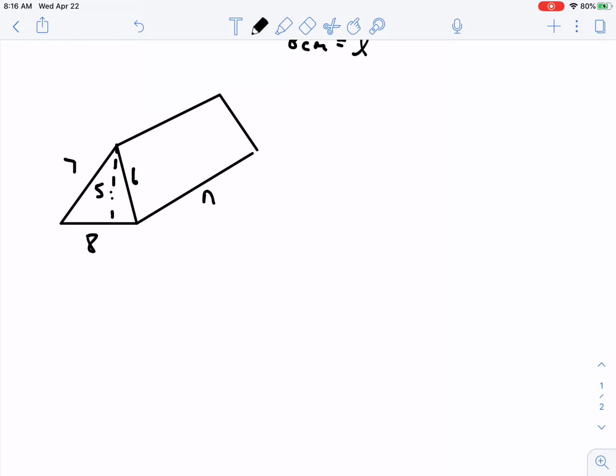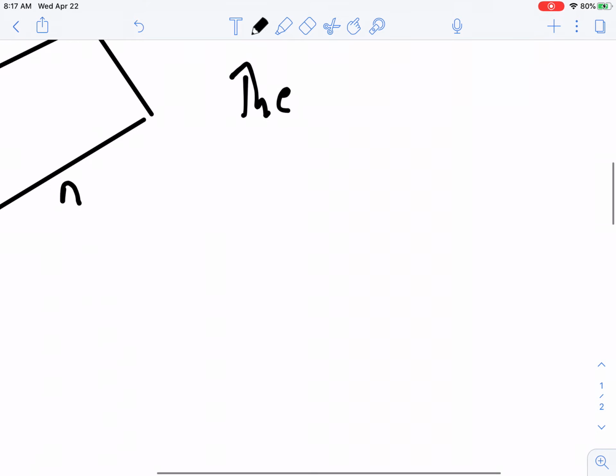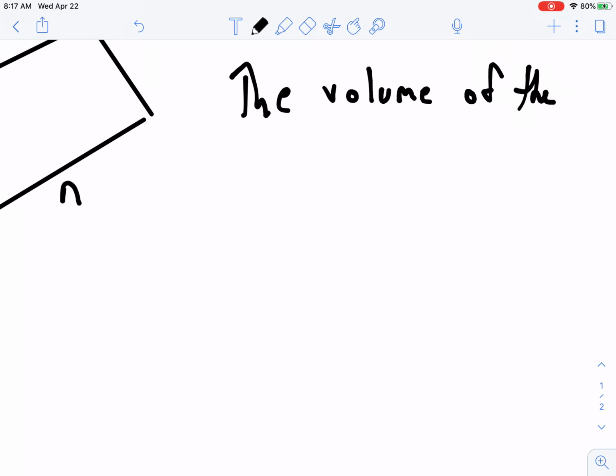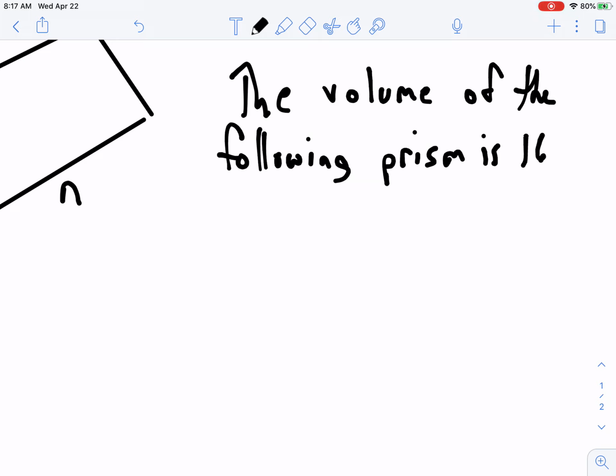So I could say, well, volume, let me try and make it a little neater here. The volume of the following prism is 160 centimeters cubed.